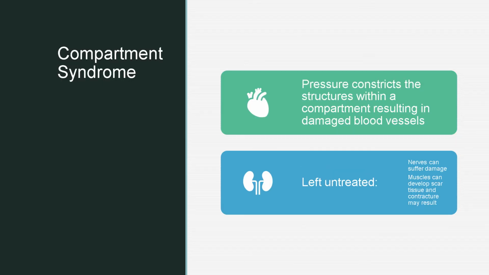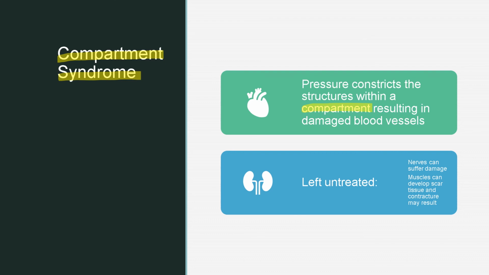Now, skeletal muscles in the limbs are organized into functional units called compartments. Now, in a disorder called compartment syndrome, this is where some external or even internal pressure constricts the structures within the compartment, resulting in damaged blood vessels and subsequent reduction of blood supply to the structures within the compartment.